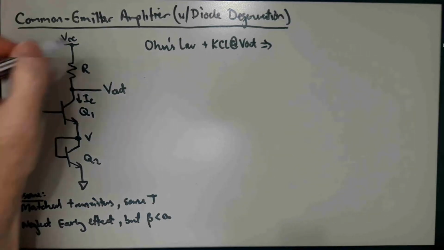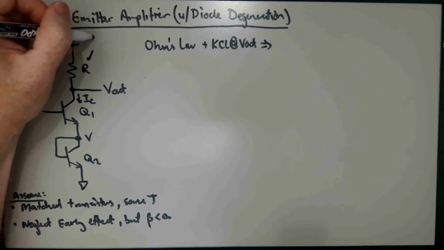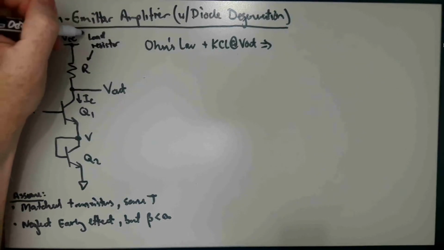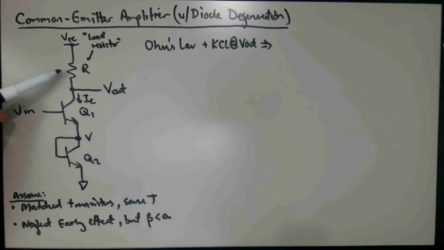Okay, this is sometimes called the load resistor. What that resistor is doing is basically taking the current that's being generated by the input voltage and turning it back into a voltage. That's what this resistor's job is in life. It's to take this current, which is related to the input voltage, and turn it back into an output voltage.